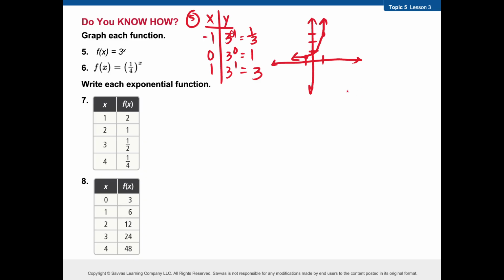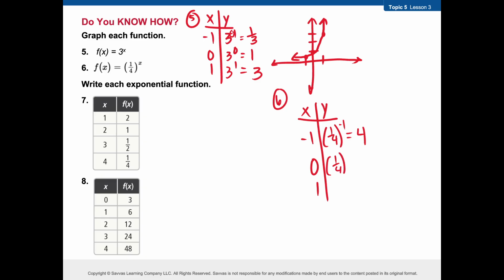Then number 6. Again, if I want to do -1, 0, 1: 1/4 to the -1 power, do the reciprocal, would be 4 to the first, which would be 4. 1/4 to the 0 would be 1, and 1/4 to the first would just be 1/4, which is 0.25.